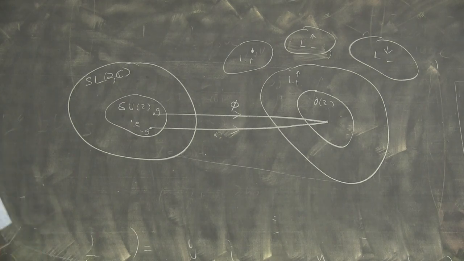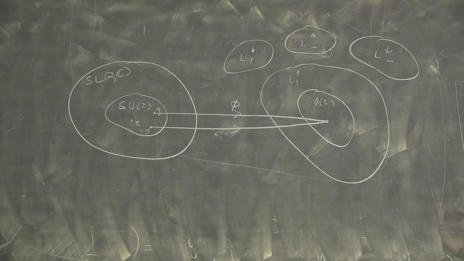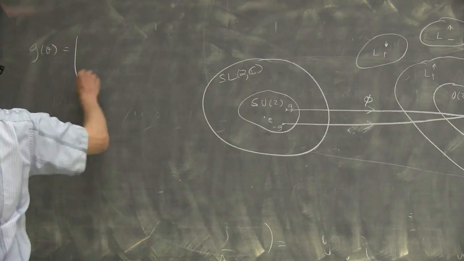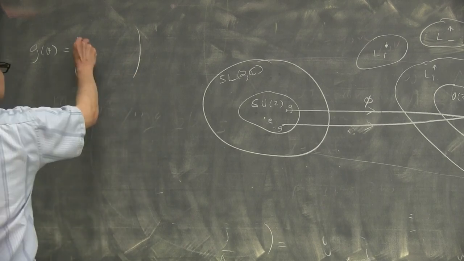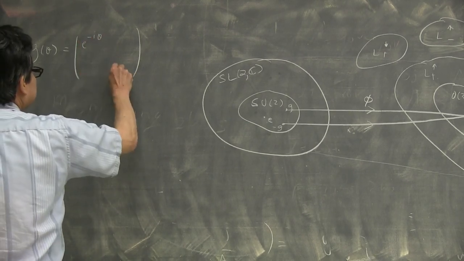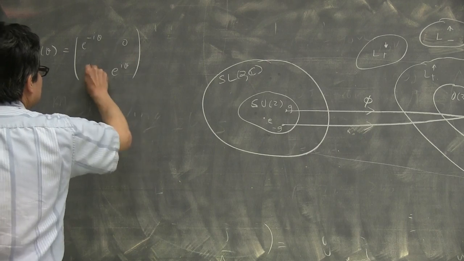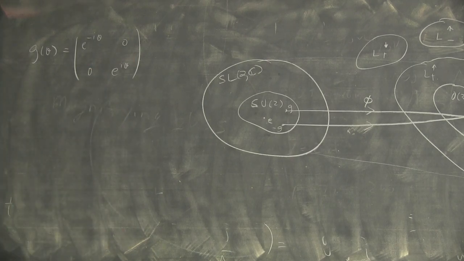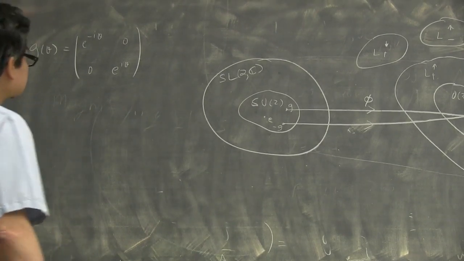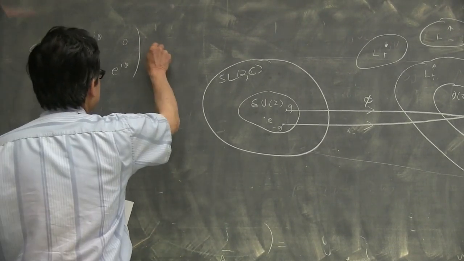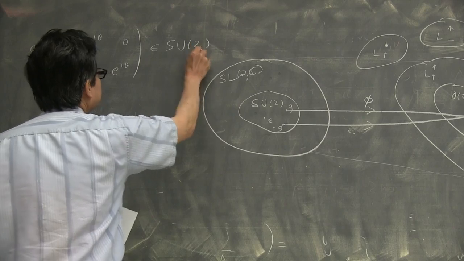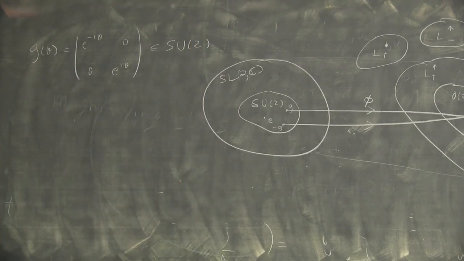So the first one, we're going to take this thing in SU2. A very familiar kind of matrix, a diagonal matrix, characterized by just a single parameter theta. And I claim that, of course, this is in SU2. Do you agree that this is in SU2?